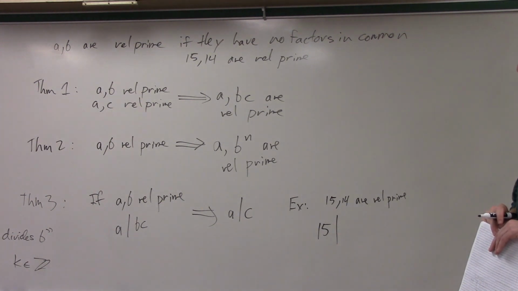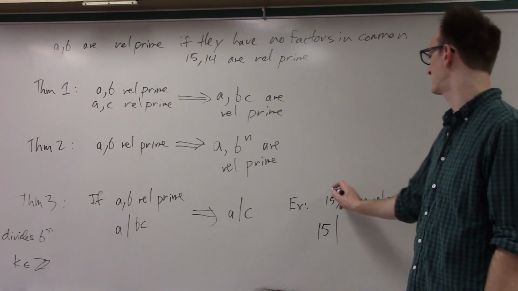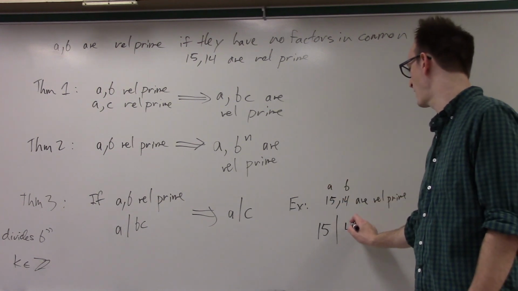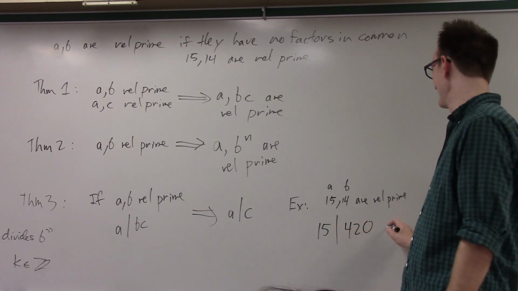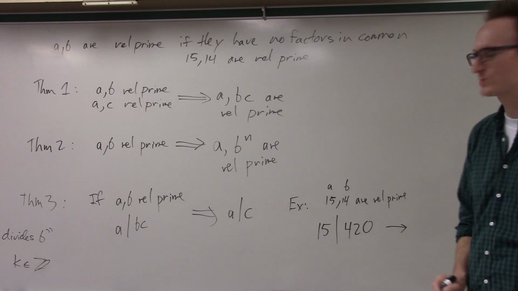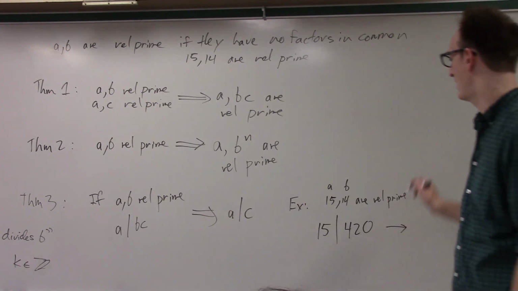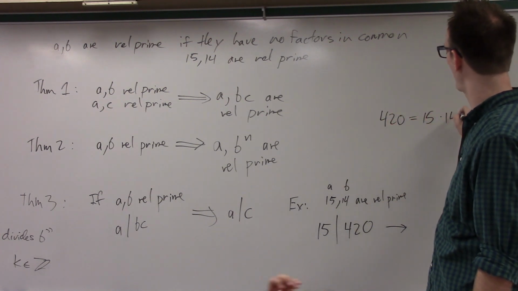Multiply 14 by 15. Sure. Oh, 420. This is my A and this is my B. Yeah, okay, good. So if 15 goes into 420, then what is 420? 420 is 14 times 30. So 14 times 30? Yeah, okay. So 420 is 15 times 14 times 2.